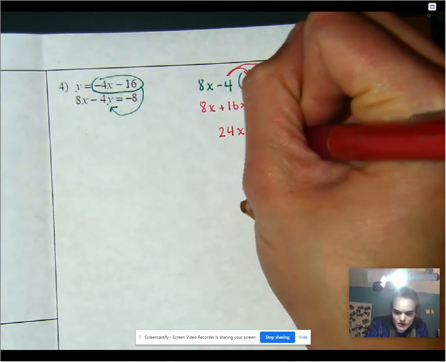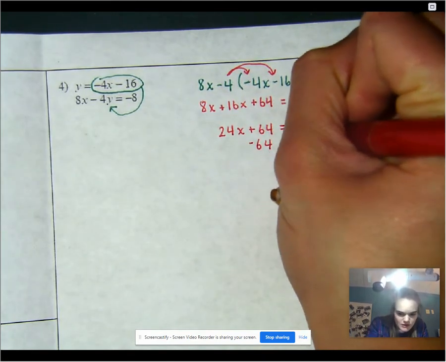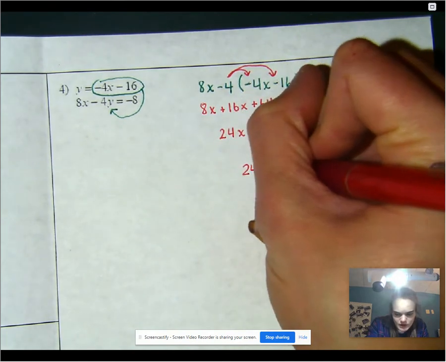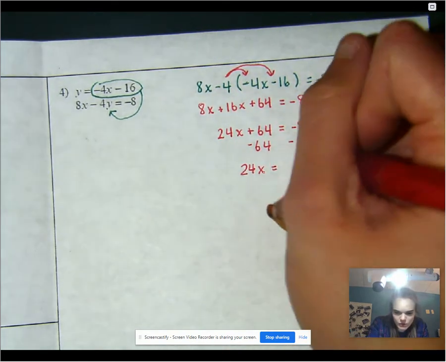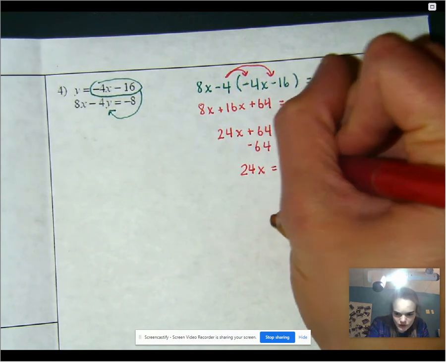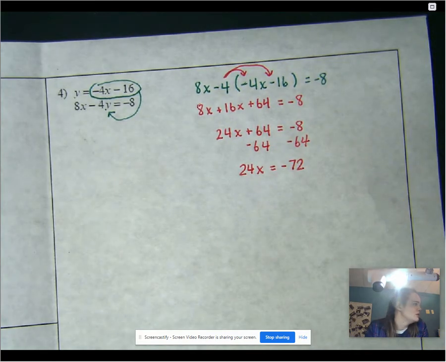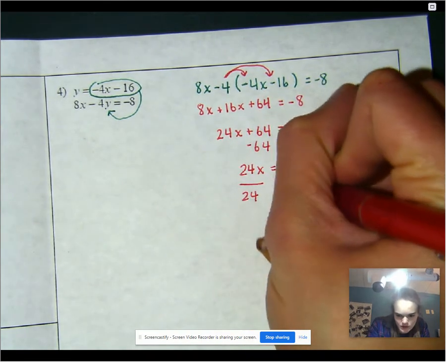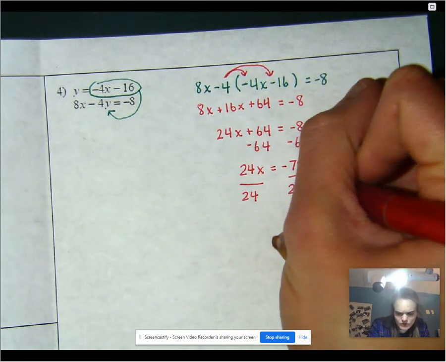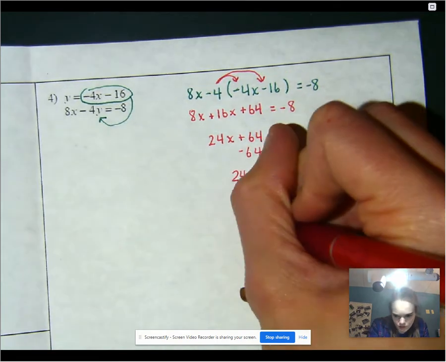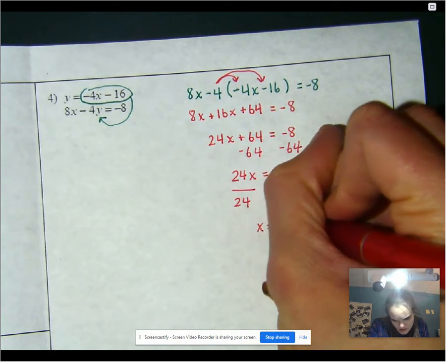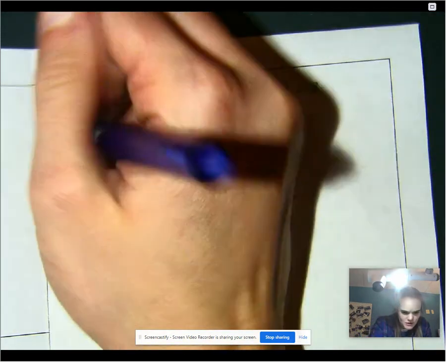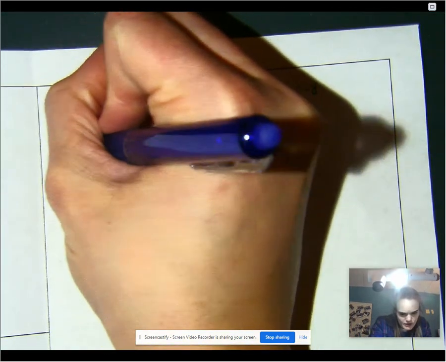Subtract 64. You get 24x equals negative 72. Divide by 24. Negative 72 divided by 24 is negative 3. Plug that back in up here. y equals negative 4x minus 16.